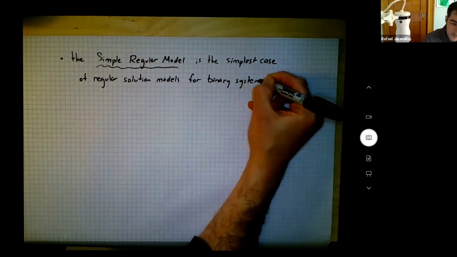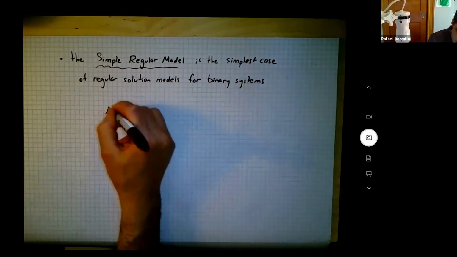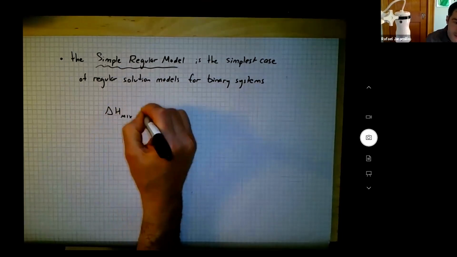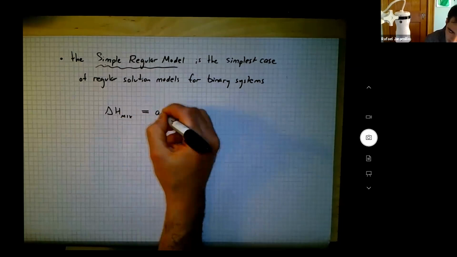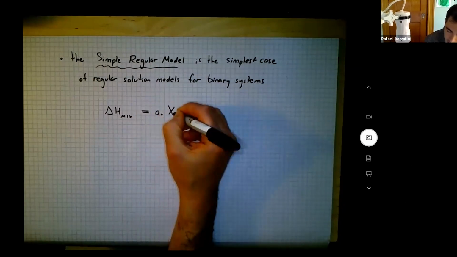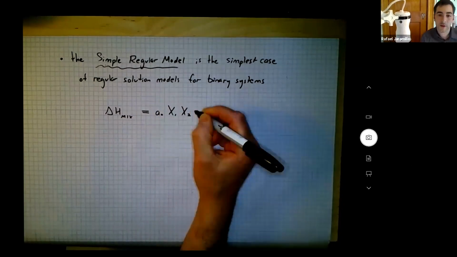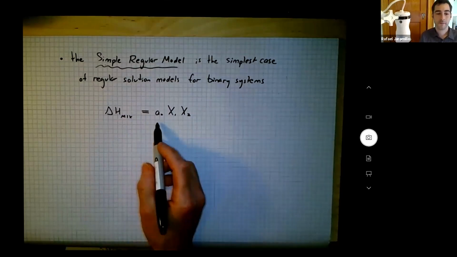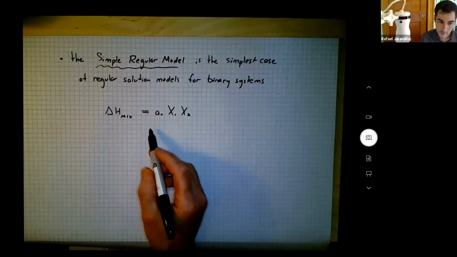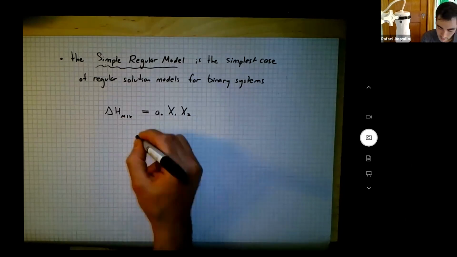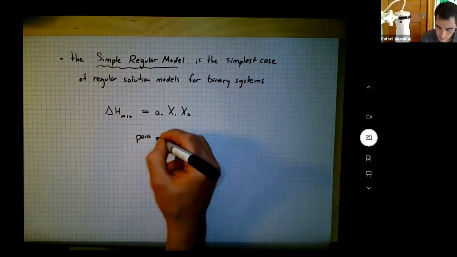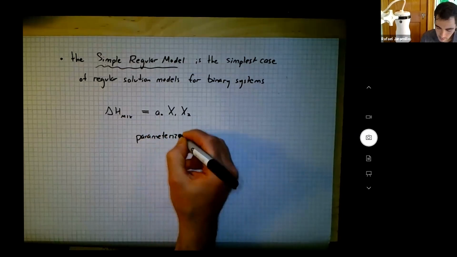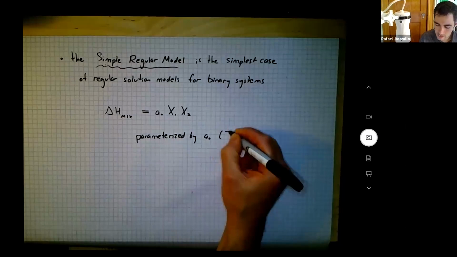And we can write it down really easily. This is it. Delta H mixing equals A naught X1 X2. So it's a model with one parameter. It's a mixing term, parameterized by A naught, which typically has units of joule per mole.